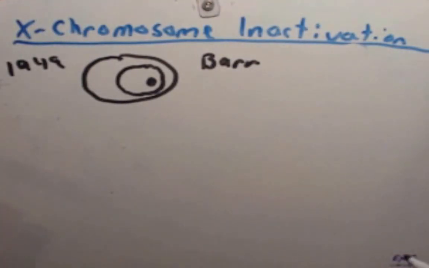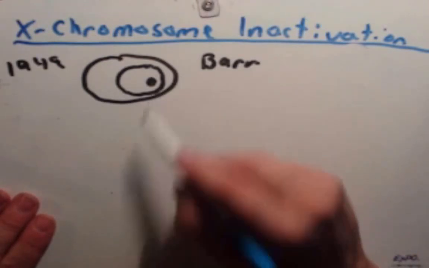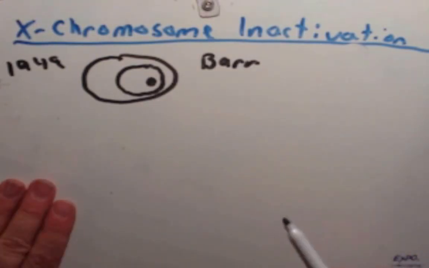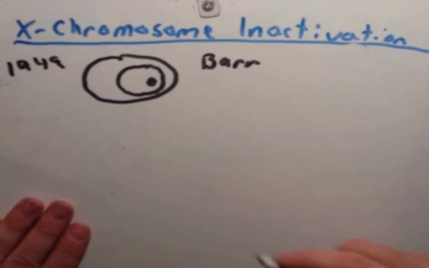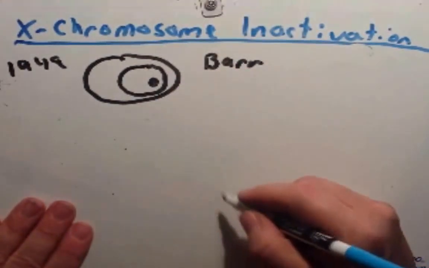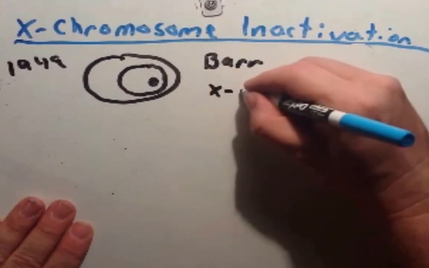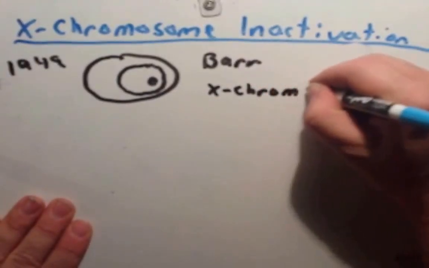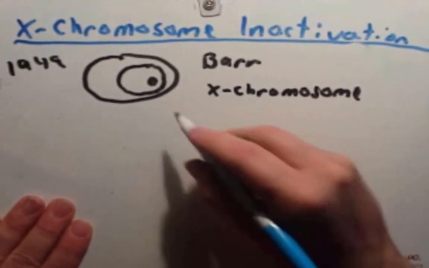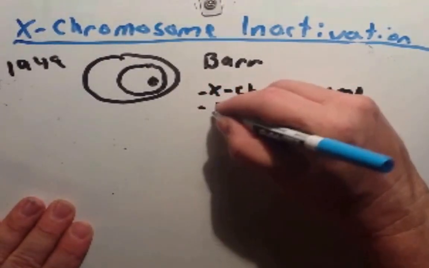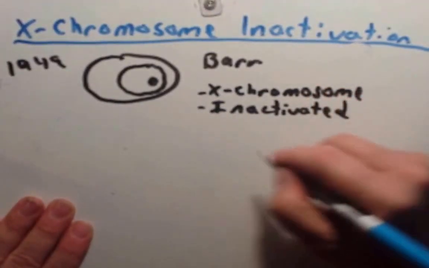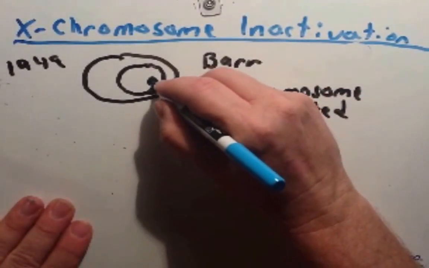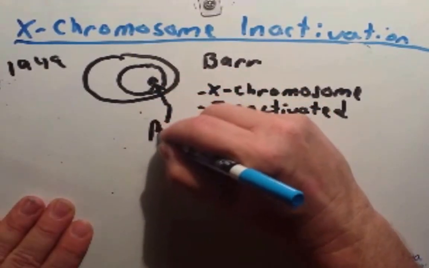Now at that time they didn't know what it was, but 10 to 15 years later, a few other scientists started looking at these, and they proposed that this densely stained body was actually the X chromosome. And the reason you could see it is because it was inactivated. And so they termed these structures Barr bodies.